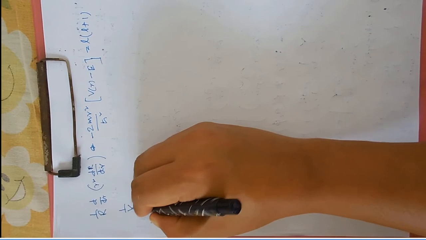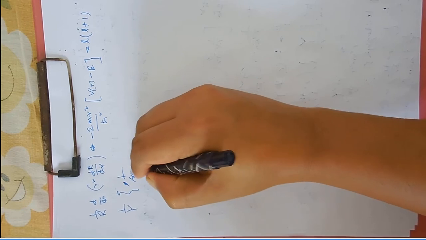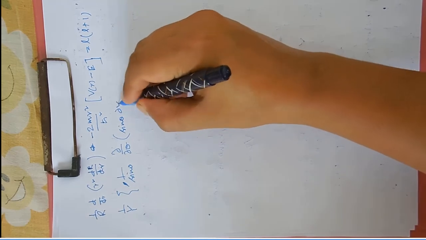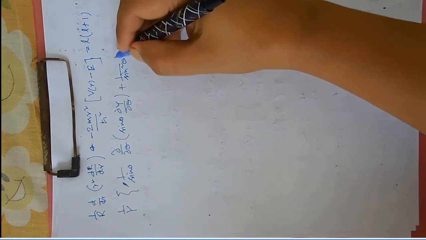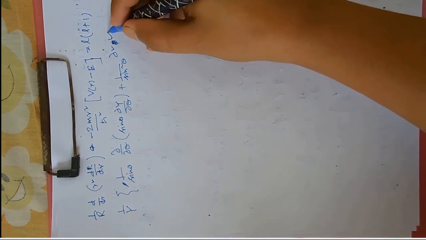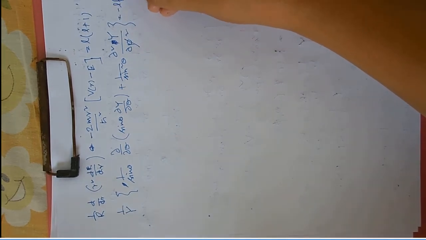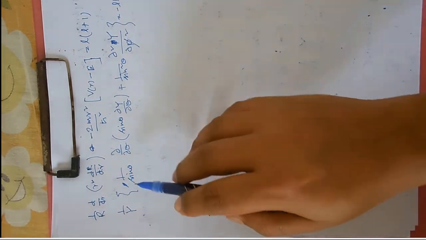So the other part will be minus L into L plus 1. Very fine. Next we will solve the angular equation, this part only.